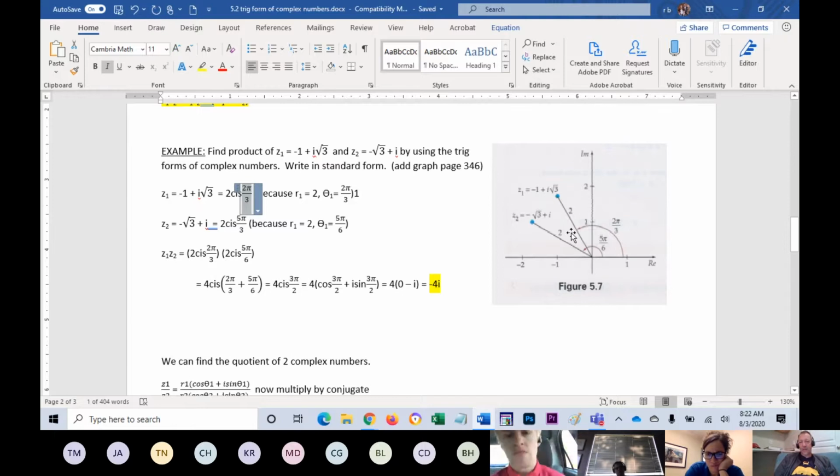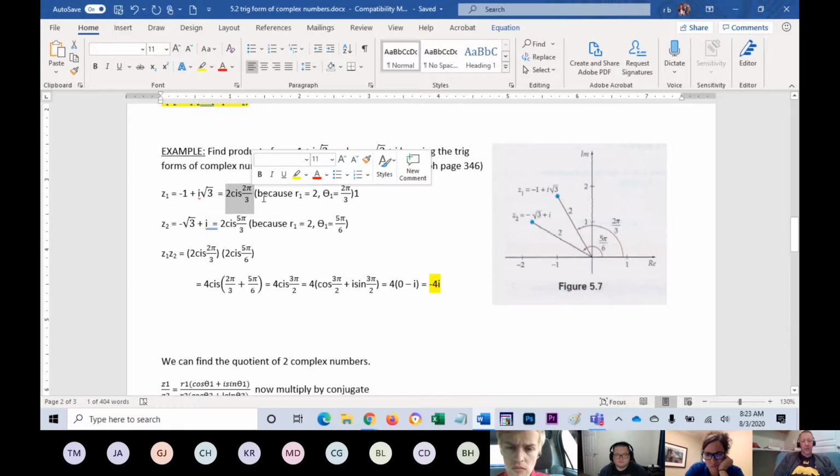Does that make sense? That makes sense to me. Okay. If it doesn't make sense, slow me down. Okay. So we can rewrite -1 plus i square root of 3 as 2 cis 2 pi thirds.